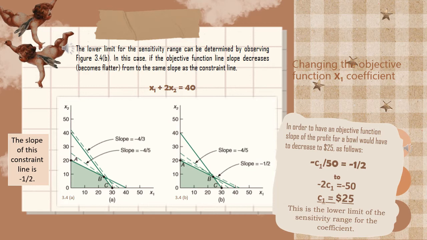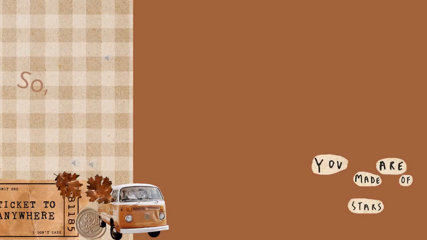In order to have this objective function slope, the profit for a bowl would have to decrease to $25 as follows. Negative c sub 1 over 50 equals negative 1 over 2, so negative 2 c sub 1 equals negative 50, wherein c sub 1 equals $25. This is the lower limit of the sensitivity range for the coefficient.